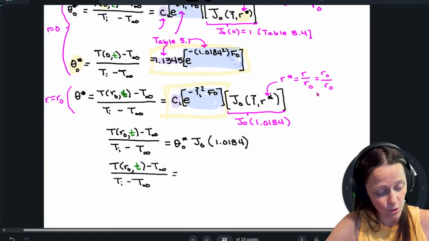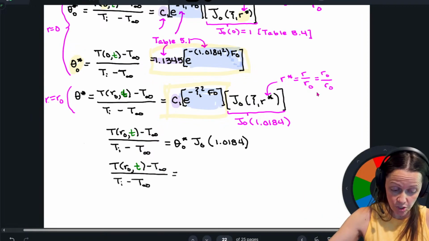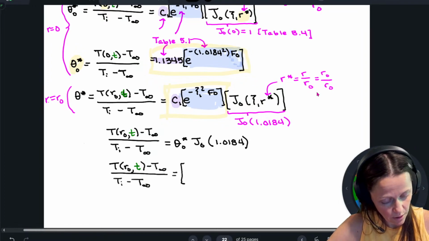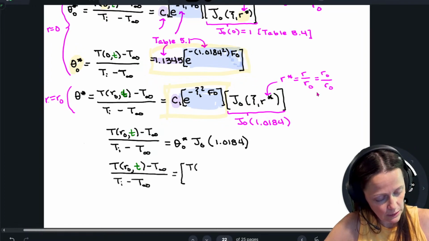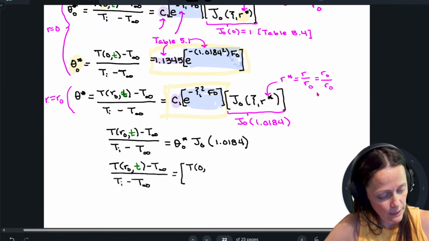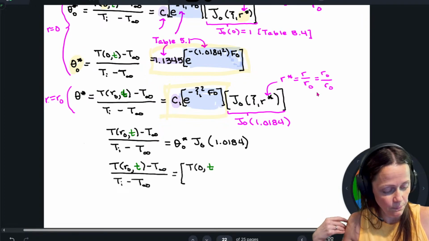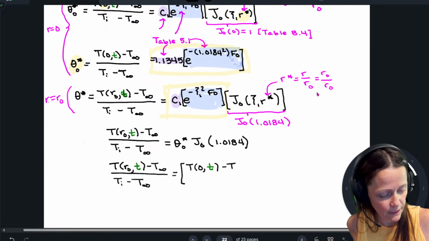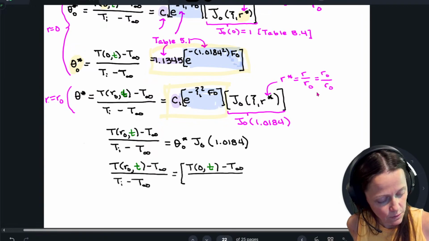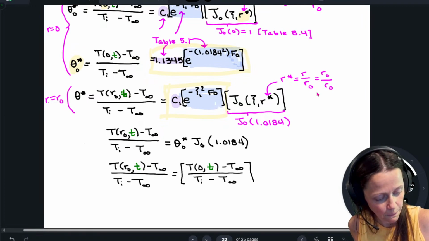And that's equal to theta star naught, which is equal to T at r equals 0 at that same time minus T infinity over T initial minus T infinity.